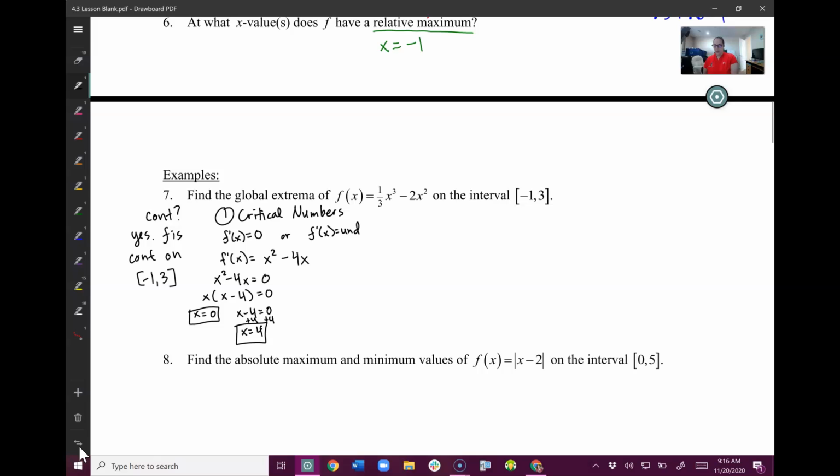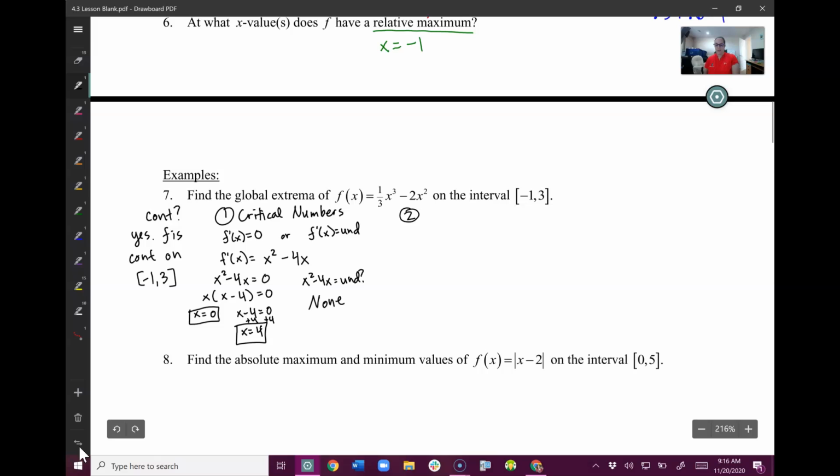Now our second type is where f prime is undefined. Undefined basically means anywhere you have a denominator that equals 0. This one doesn't have a denominator, so there are no undefined critical numbers for this problem.